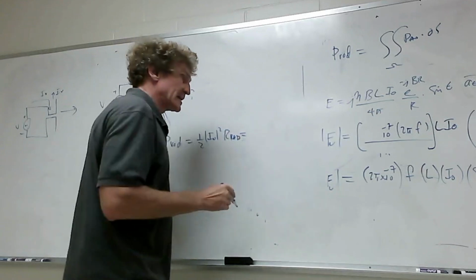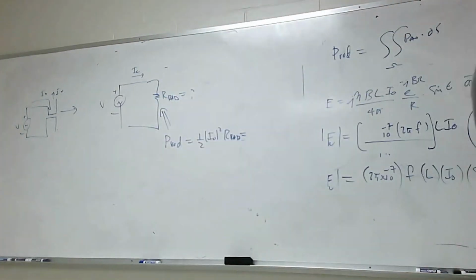So you take that and equate it to this over here. You'll notice the I squared is going to cancel. Or I should say not this, but the K over here has the I squared.